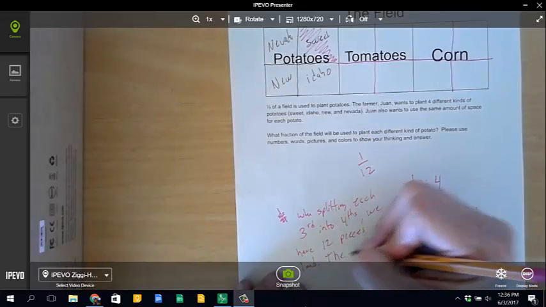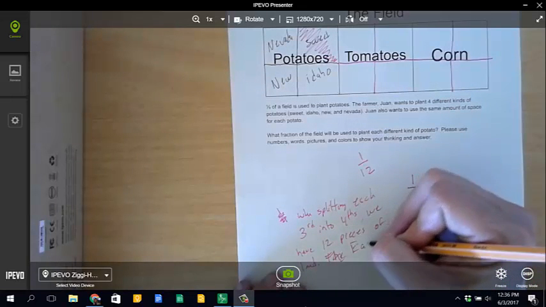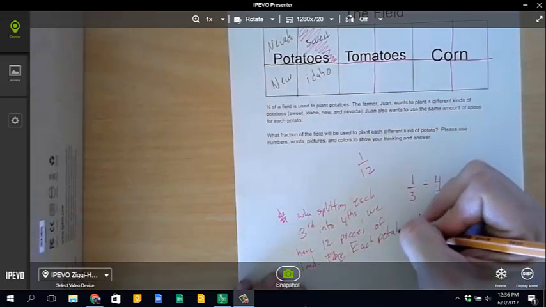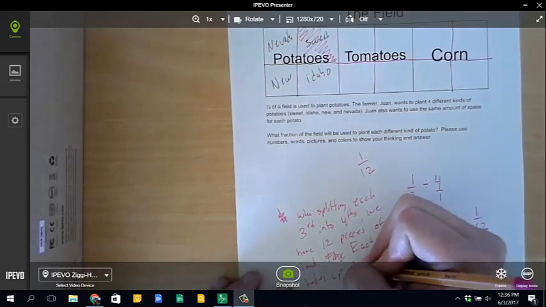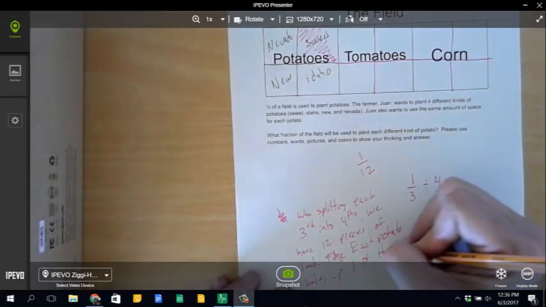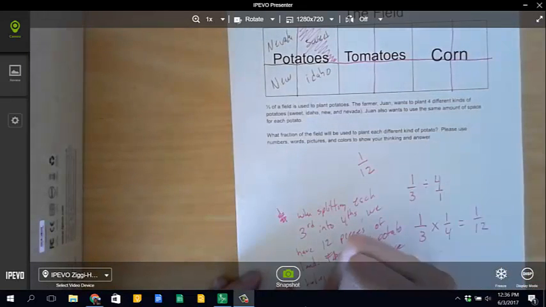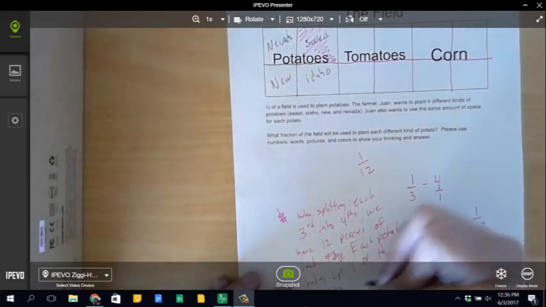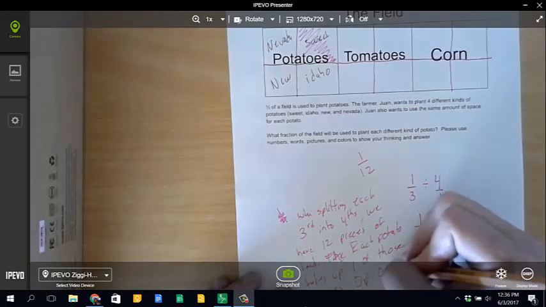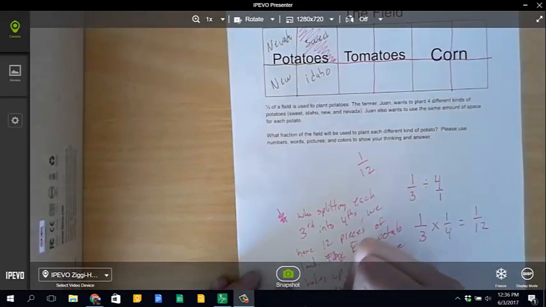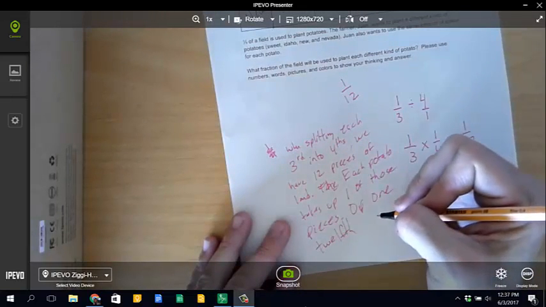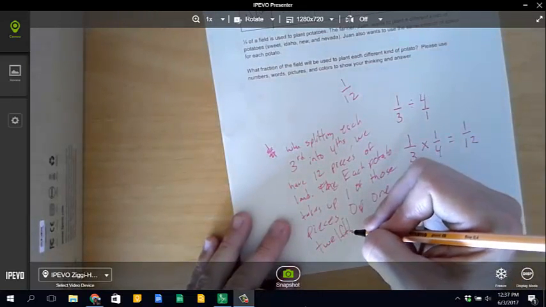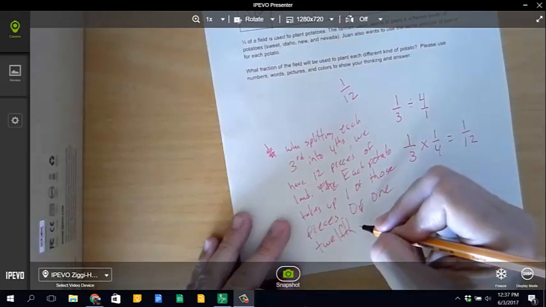The potatoes, each potato takes up 1 of those pieces, or 1/12, 12th. I never remember that one. 1/12 of the whole field.